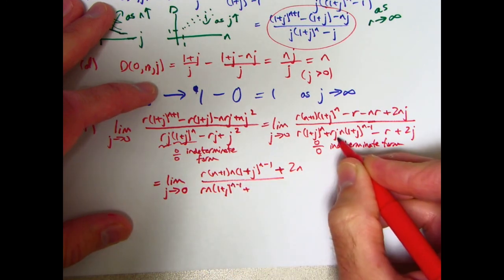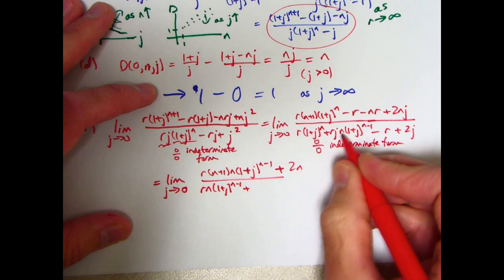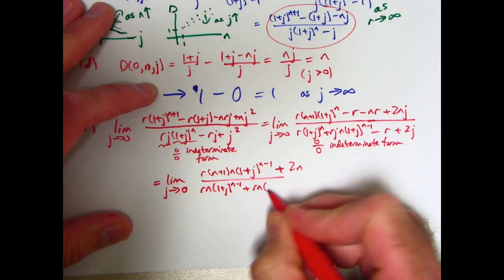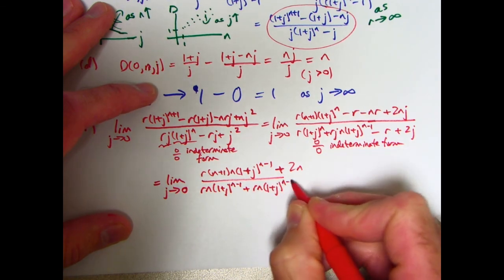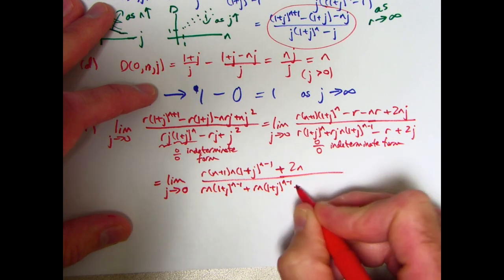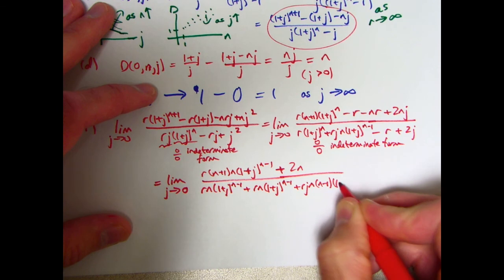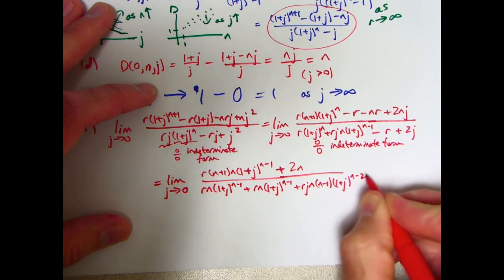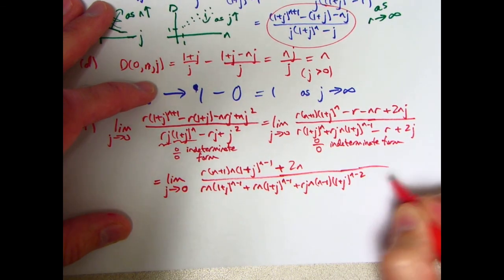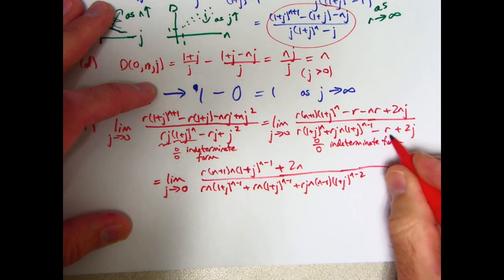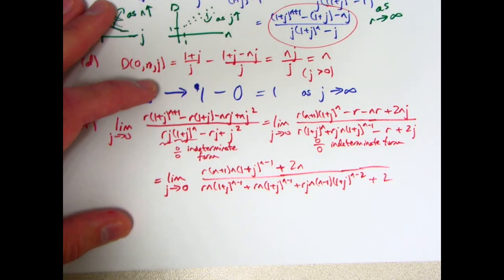Differentiate this with respect to j, got to use the product rule again. I get an rn times 1 plus j to the n minus 1. I also have a plus rjn times n minus 1 times 1 plus j to the n minus 2. Double check my work. And then this is minus 0 when I differentiate, then plus 2.